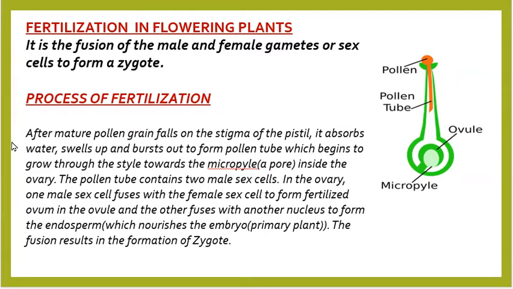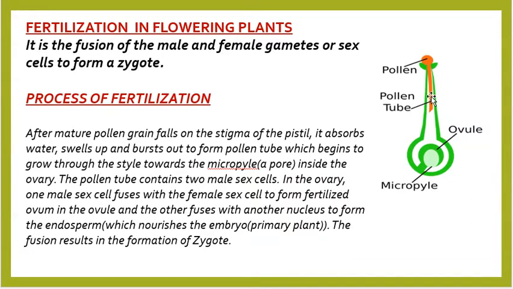Now, the process of fertilization goes this way. After the mature pollen grain falls on the stigma of the pistil, it begins to grow after absorbing water.